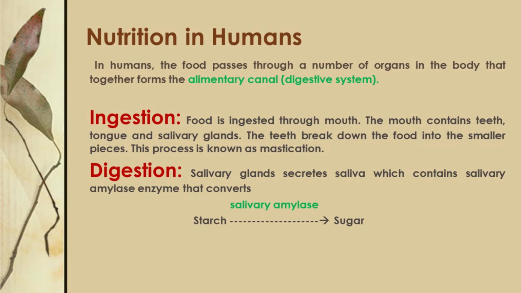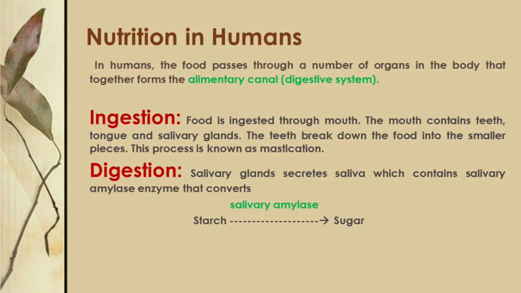First of all, ingestion. In ingestion, food is ingested through the mouth. In our mouth, there are teeth, tongue, and salivary glands. The teeth break down the food into small pieces. The process of breaking down food into small pieces is known as mastication.